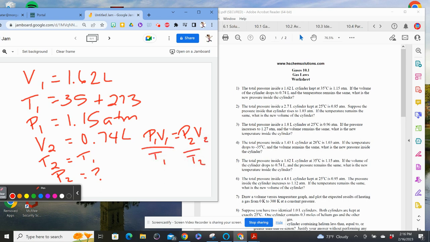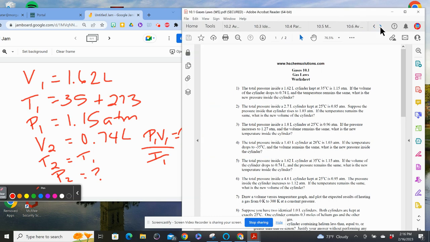Okay, so this time our temperatures are held constant. They're not changing. So they're the same. So all that's changing is my V1 and my P1. So we plug into that, and once you do the algebra part, that's going to give you your correct answer.